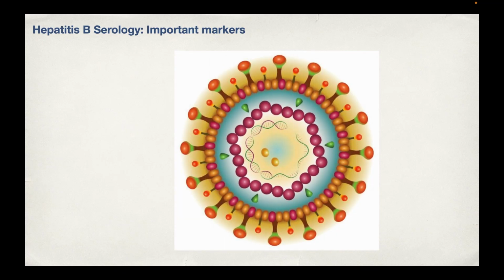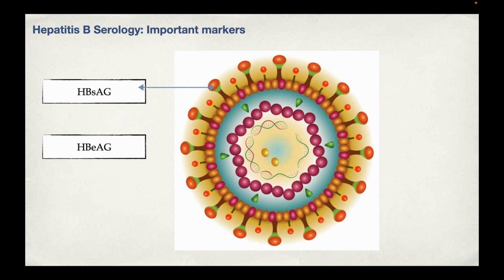We have the antigens and the antibodies. The antigens are the disease-causing agents, and the antibodies are the disease-fighting agents. The first marker is the hepatitis B S antigen. S stands for surface, so hepatitis B surface antigen is found on the surface of the virus.